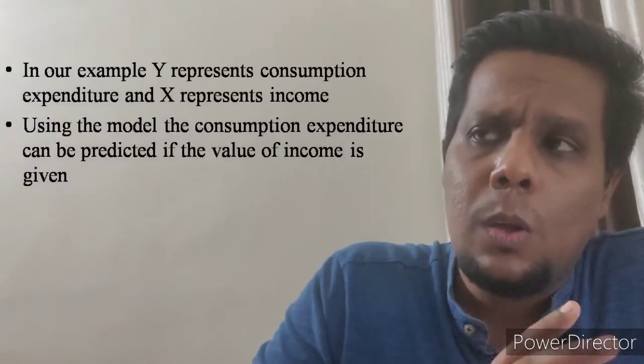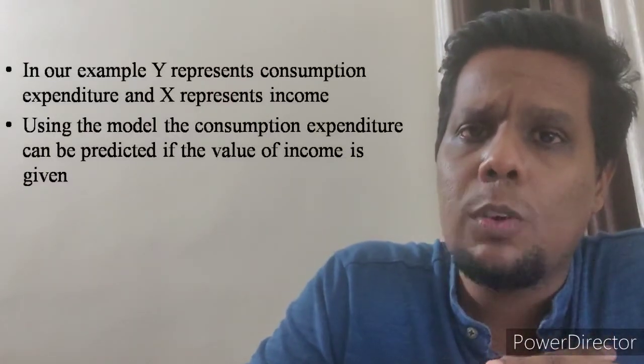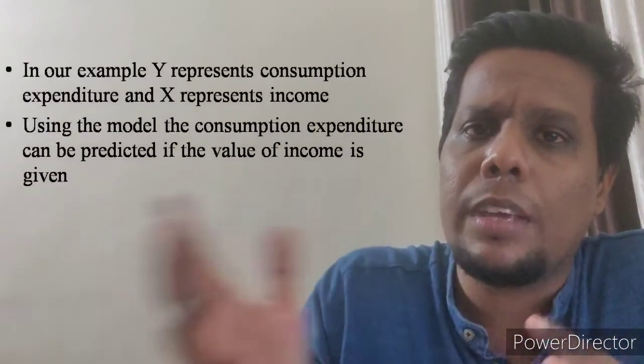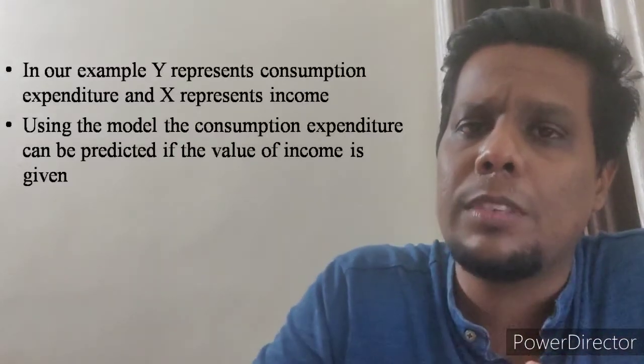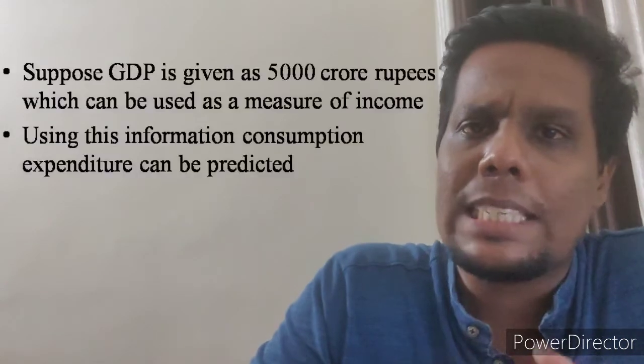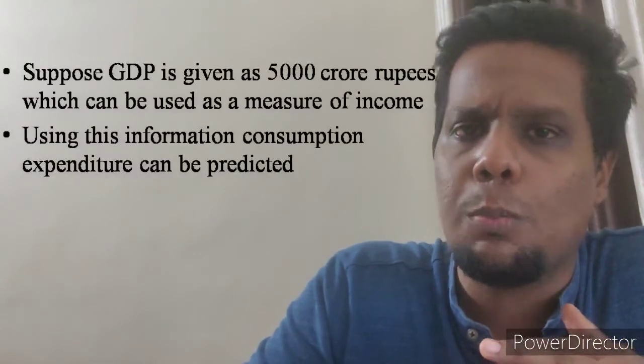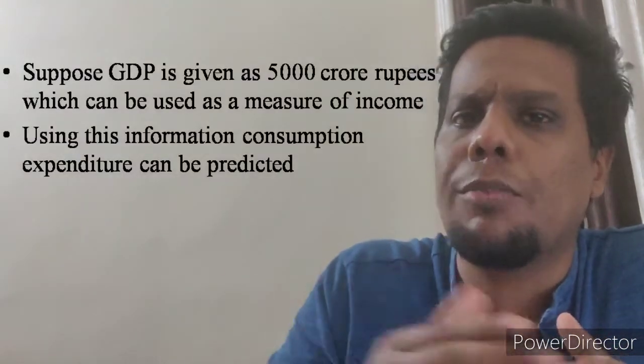We can predict the value of consumption expenditure if the value of income is given, with the help of this estimated model. Suppose the value of GDP is given as 5,000 crore rupees, which can be used as a measure of income.